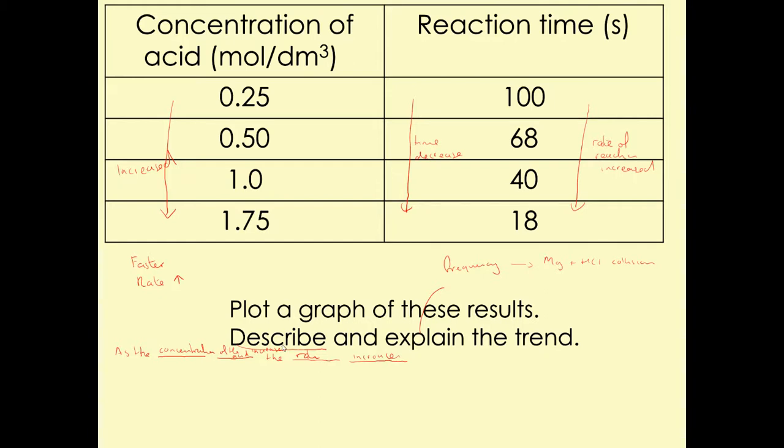And then to explain that, this is because as the concentration of the acid increases, there are more acid particles. I'm going to underline that because we need to be specific about the particles. There are more acid particles in the same volume.